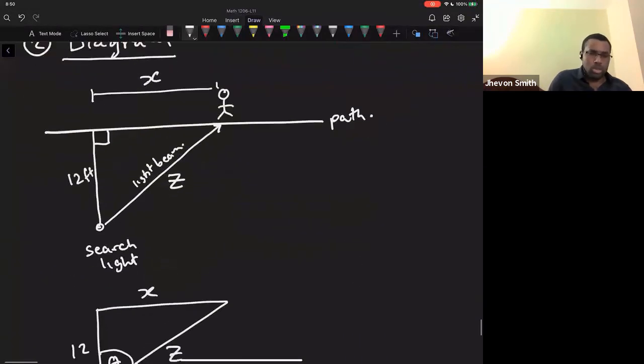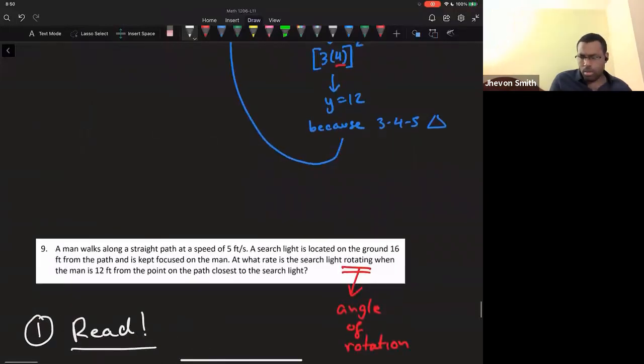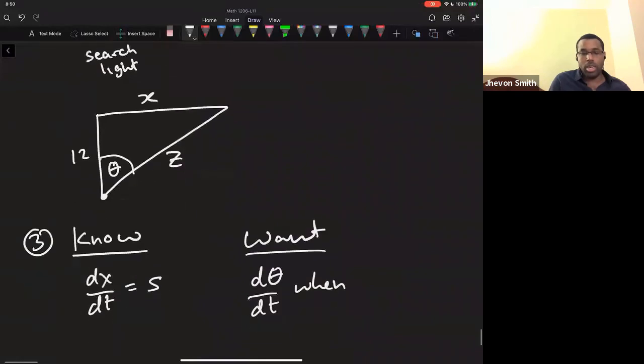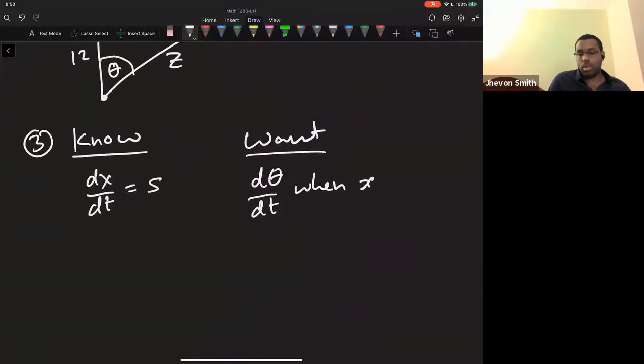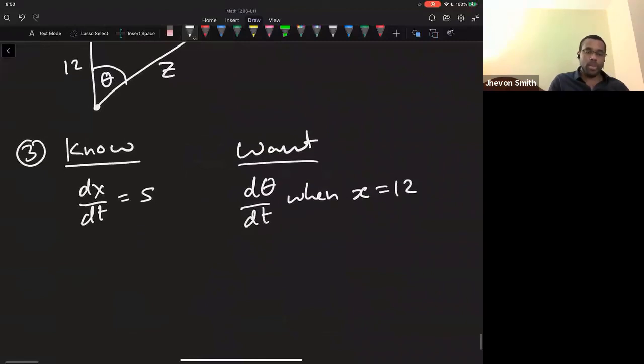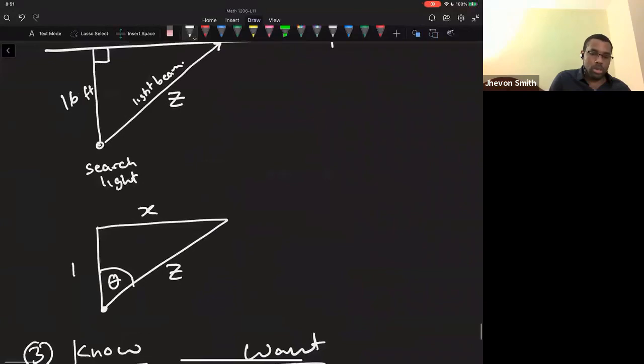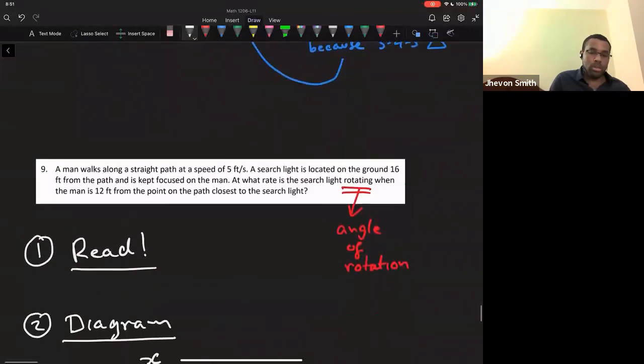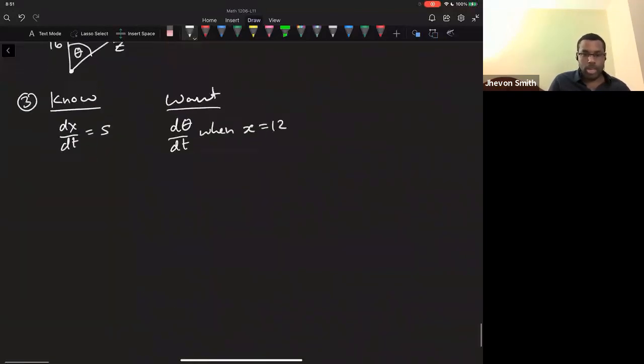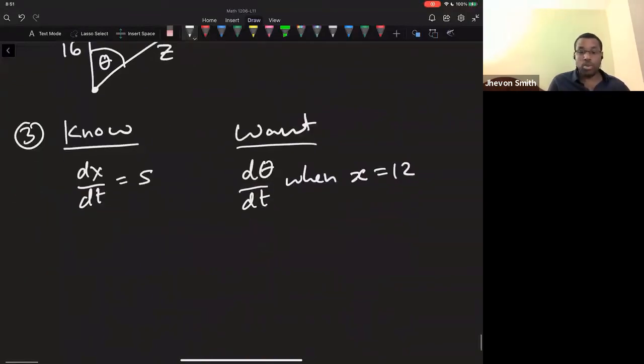Wait, this 12 was 16. At what rate is the searchlight rotating when the man is 12 feet from the point of the path closest to it? So that's x is 12. Okay, so now that's what I know, what I want.